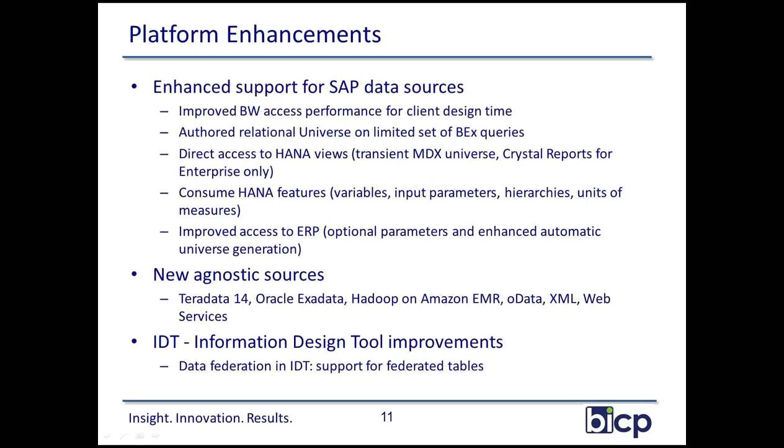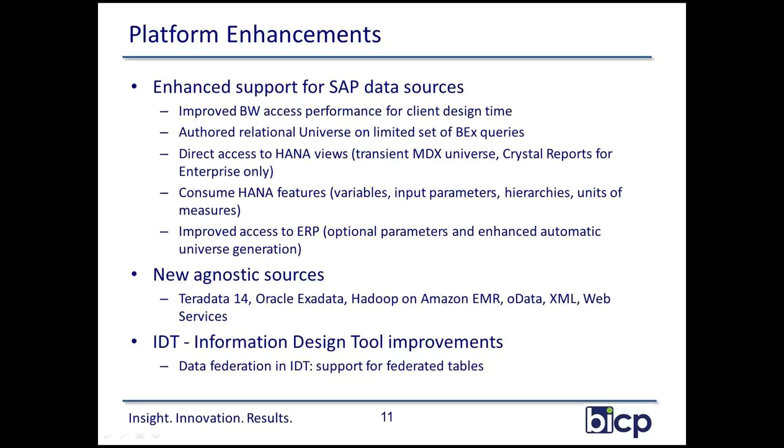The Hadoop on Amazon Elastic MapReduce is interesting because it shows SAP is not only looking at big data from a perspective of their own HANA tools, but also the widely used Hadoop databases.